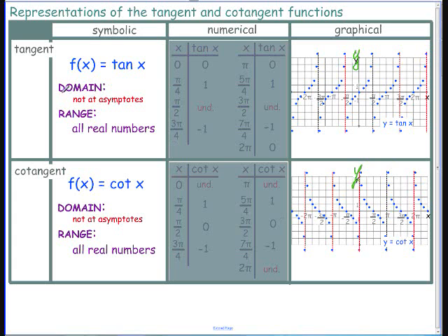Okay, so the domain, all real numbers except those at the asymptotes, and the range on this one, no limit on the range, so all real numbers.